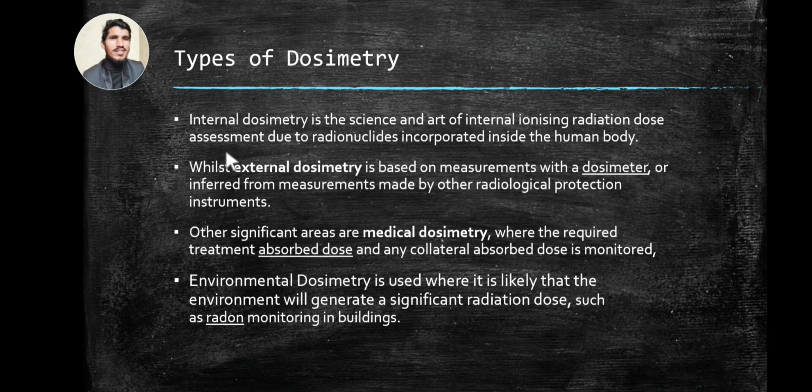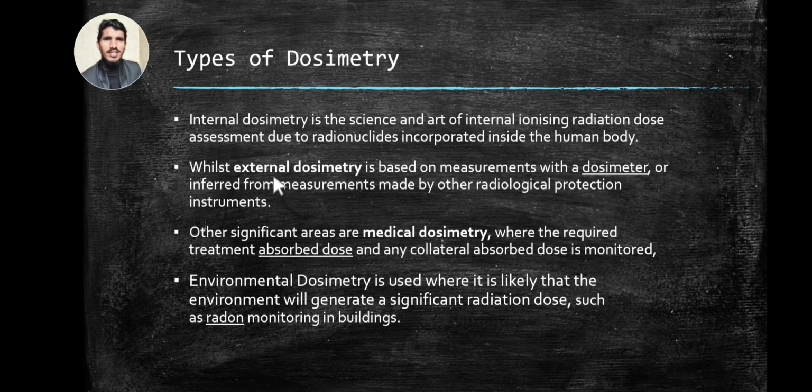We have just ingested or inhaled some radioactive substance, and it is present inside our body and producing some radiation. So in internal dosimetry, we measure the internal ionizing radiation dose present inside the human body.